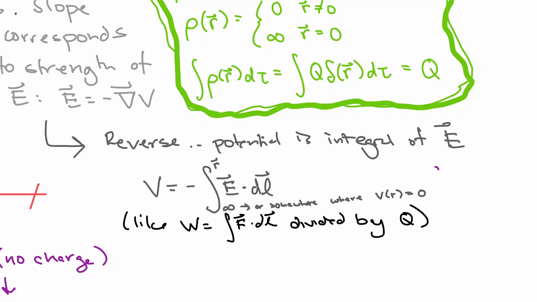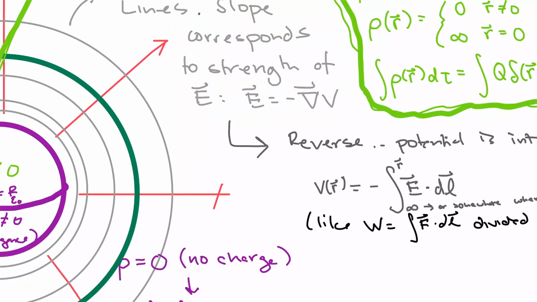Okay, so that will give you the voltage at some particular point. So you have to choose what line you do this integral along. If you do it from infinity, where we usually choose the voltage to be 0, to r, you'll end up getting the voltage at a particular point.